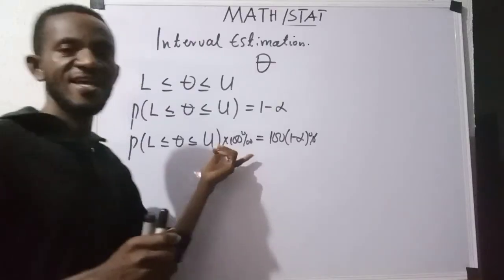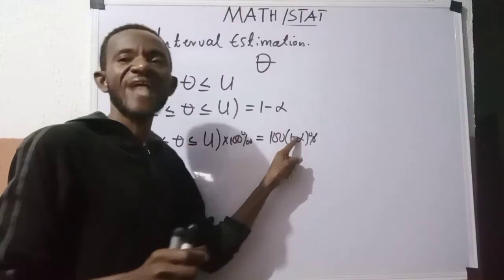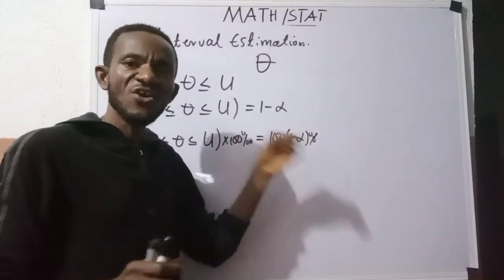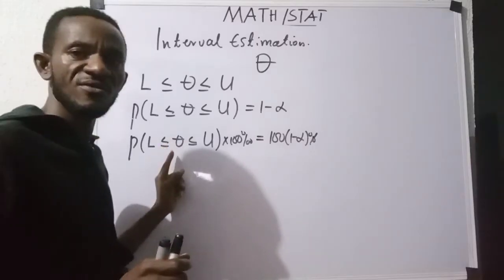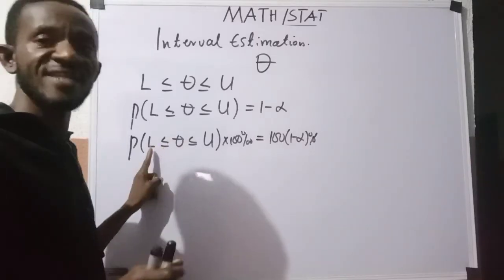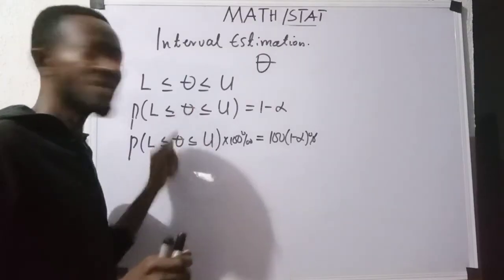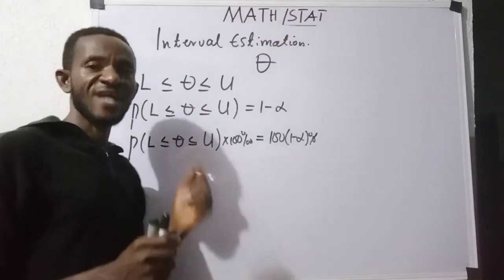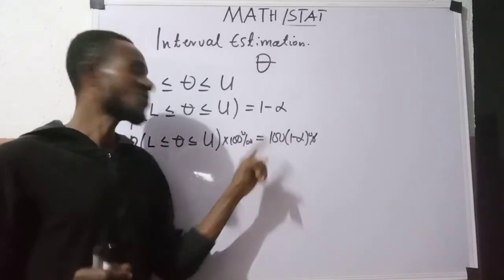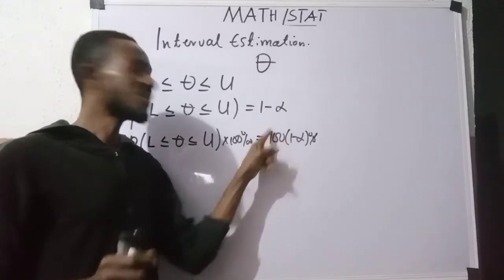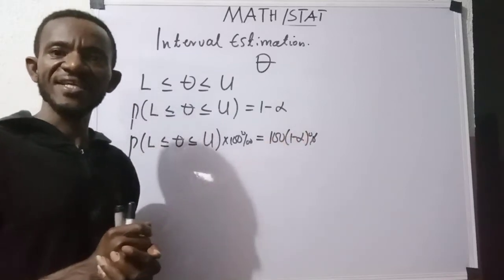So what we are saying here is that we are 100 into 1 minus alpha percent confident that our confidence interval L and U is going to contain the unknown population parameter theta. And that is equally why you hear people say construct a 100 into 1 minus alpha percent confidence interval.